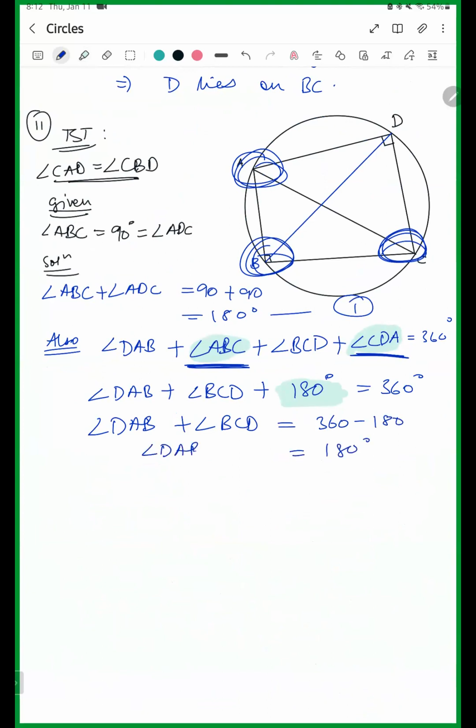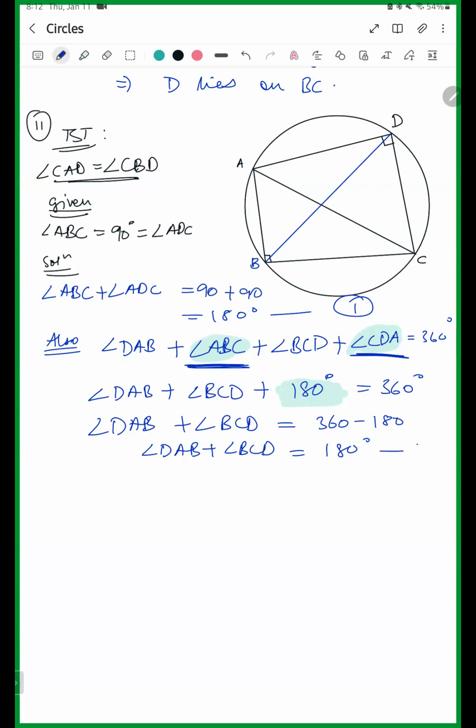So we have shown that the sum of opposite angles, see DAB is what? This one. This one is DAB and BCD is this one. So the sum of opposite angles is 180, we have shown.